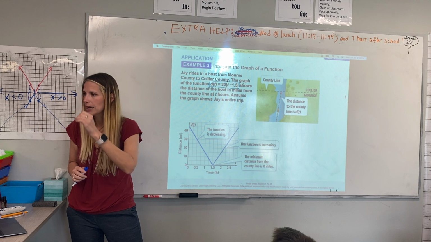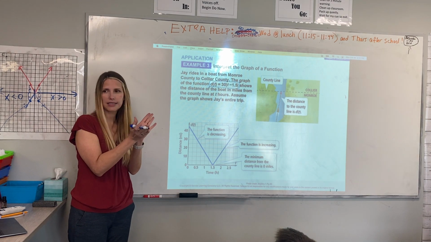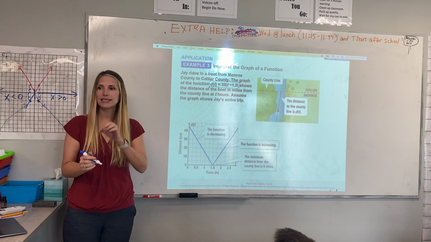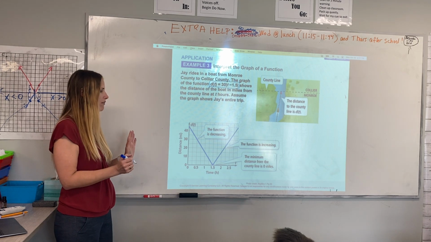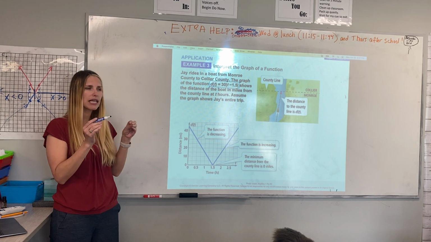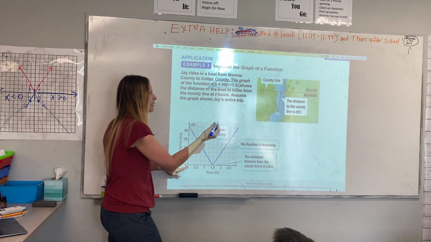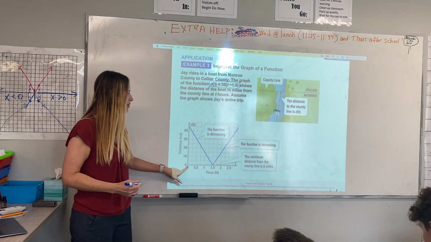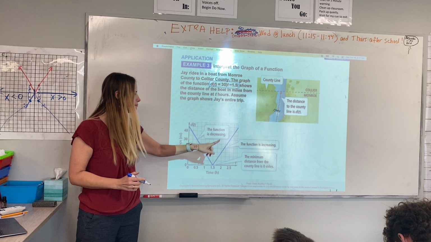It takes time. So there are 2 things happening. He's traveling a distance, and it's taking time. So the graph is showing that relationship between the time that's passing, from here would be 0 hours, right? Then it says assume that the graph shows his entire trip.